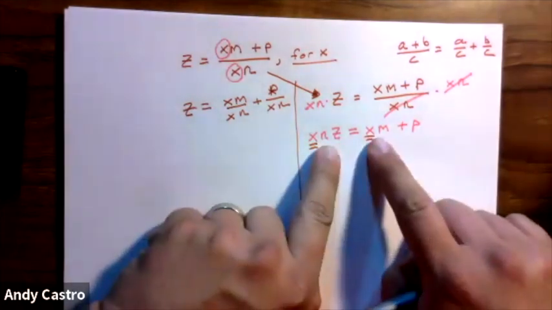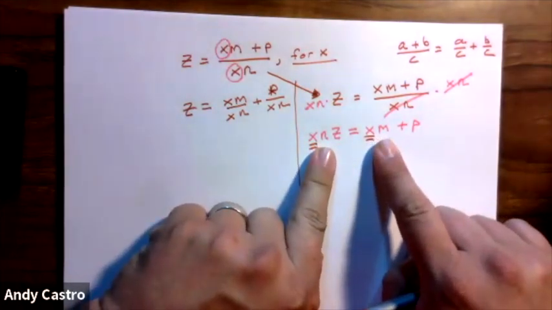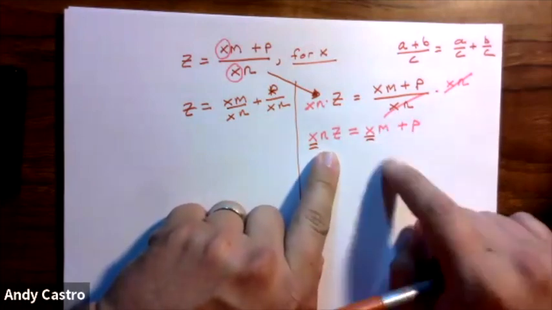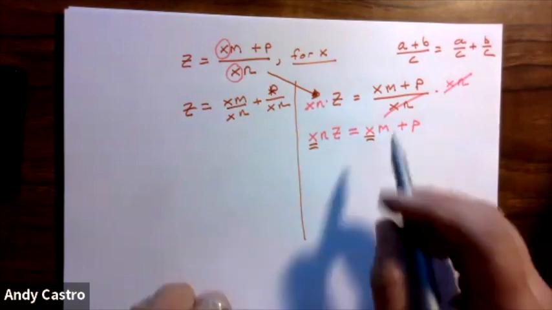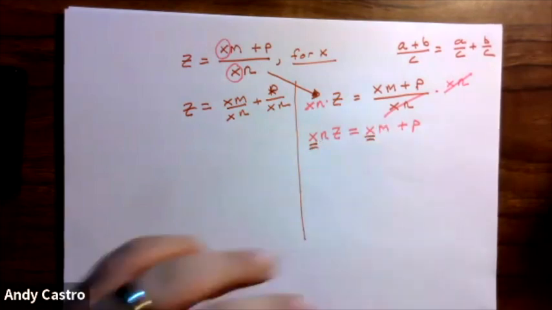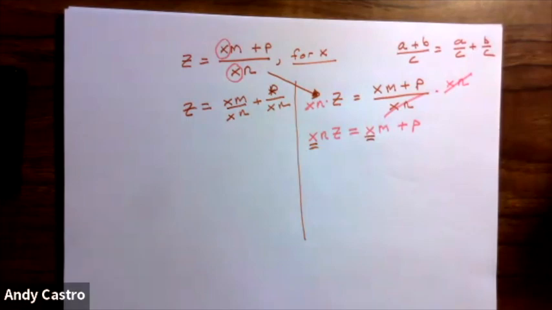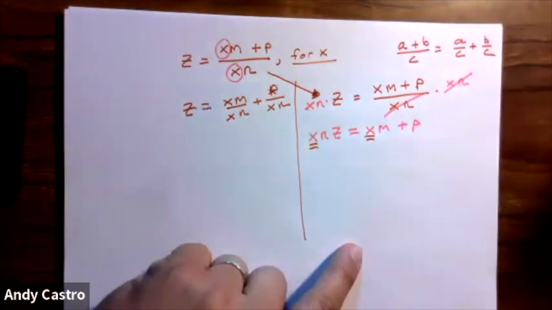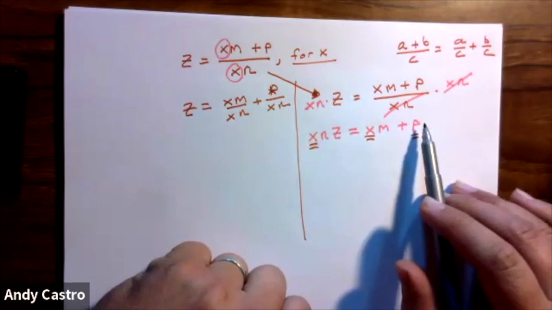So what I want to do is get all of the terms, terms are things we add or subtract, that have x in them on the same side. So I'm going to bring this xm over here, because anything that does not have x, I want on the other side. This p does not have x, so it's going to stay over here.